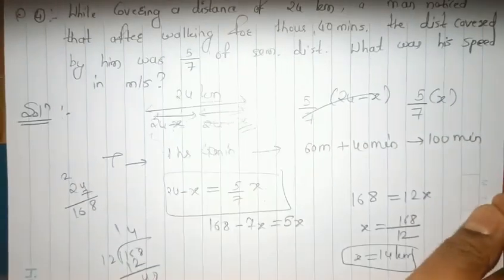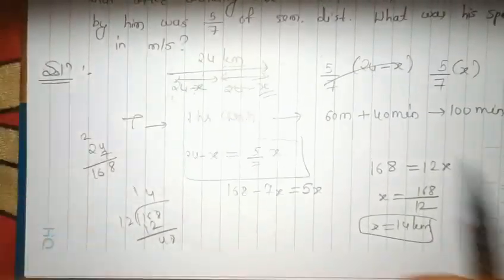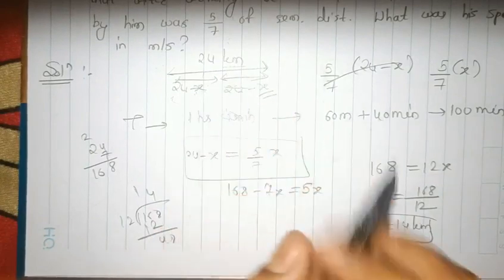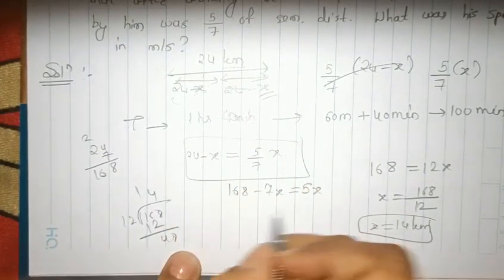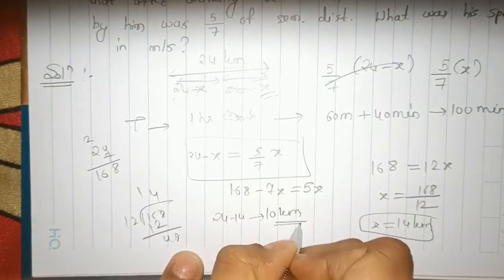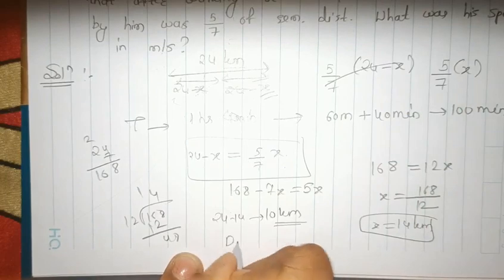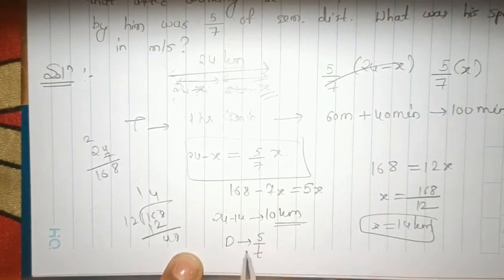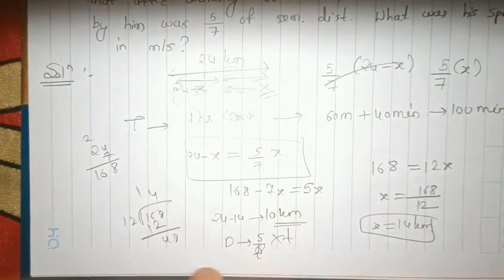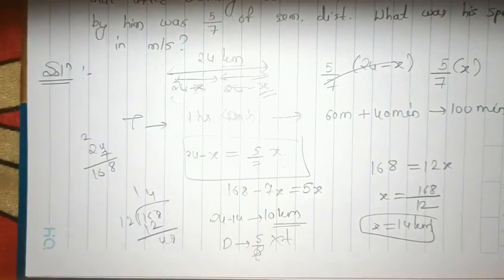So what we want to find out? What was his speed? So for covering this 24 minus x, 24 minus x means what? 24 minus 14, that is 10 kilometers. So for covering this 10 kilometers, what was his speed? So what is the formula? Distance is equal to speed into time, sorry. Distance is equal to speed into time, right?